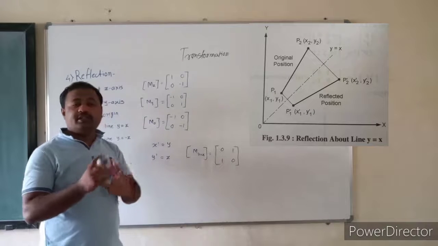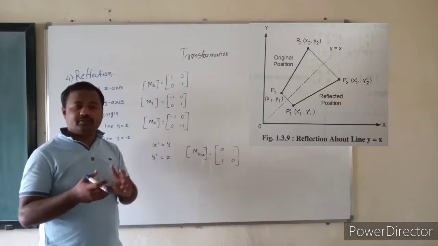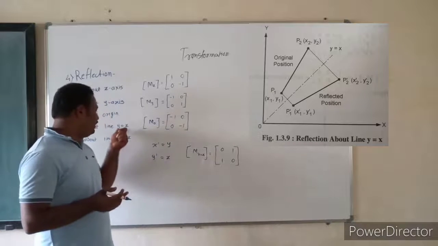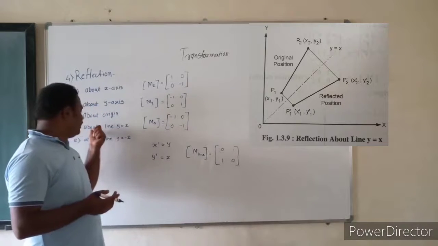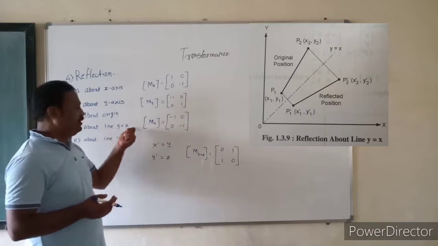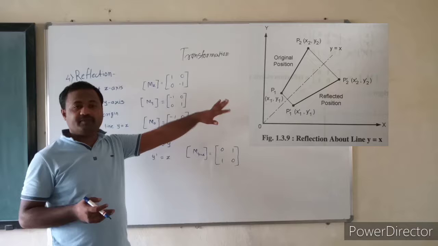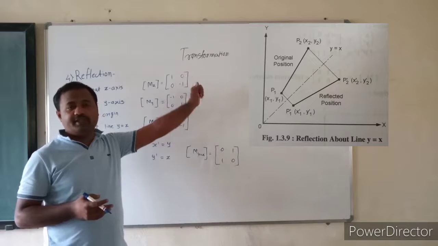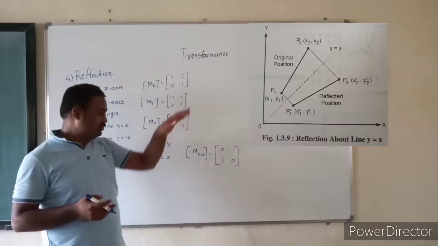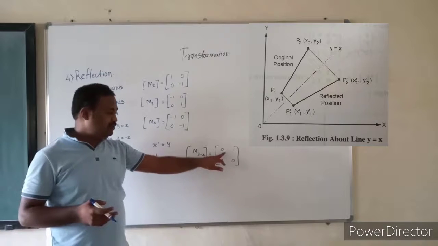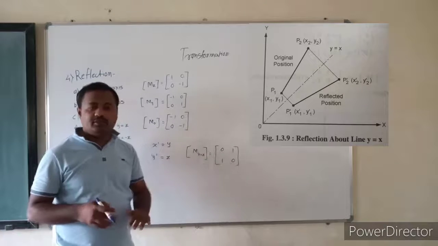It means you can interchange the values of x and y because the line is reflected about the line y is equal to x. Line P1, P2 is reflected about the line y is equal to x. Therefore, the new matrix is 0, 1, 1, 0.